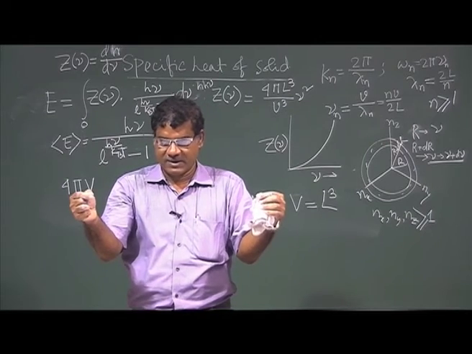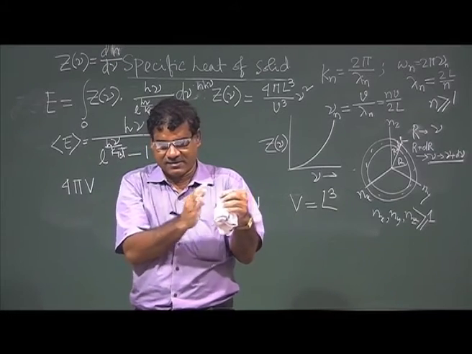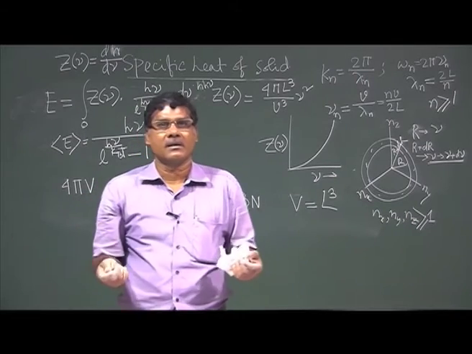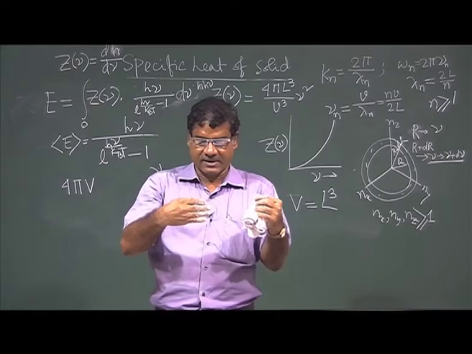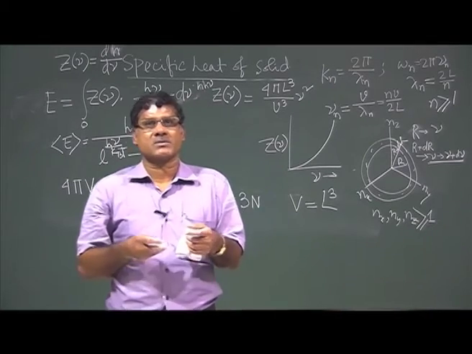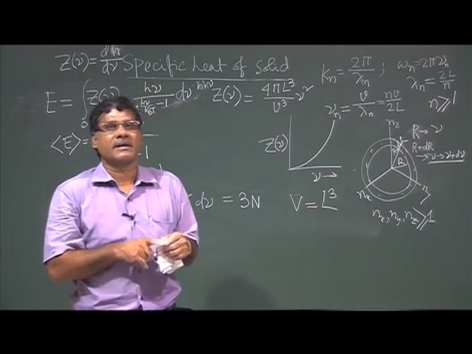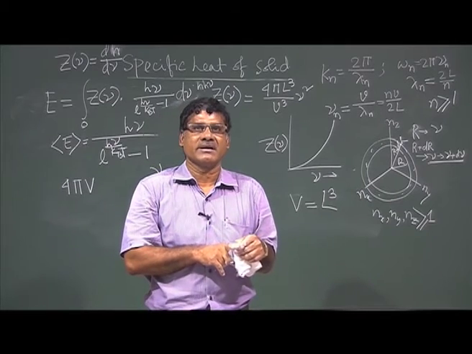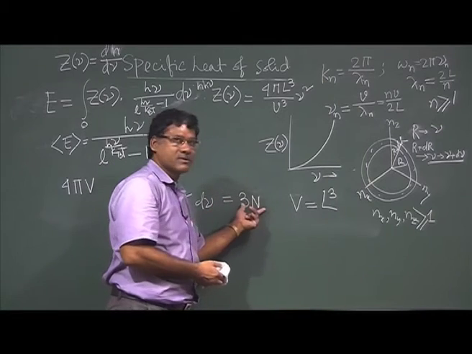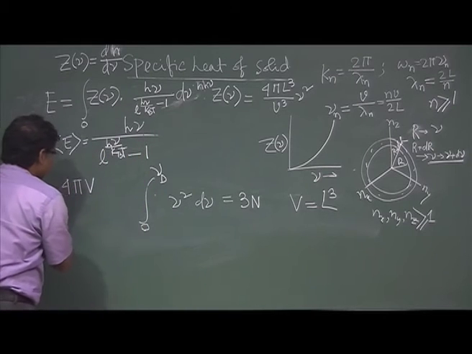If you take a string, vibration along this direction is the longitudinal mode, and vibration along this direction or this direction is called the transverse mode. Velocities in the transverse and longitudinal modes are generally different, they are not equal. So, we have considered 3n. Since the velocities are different, I have to write separately.